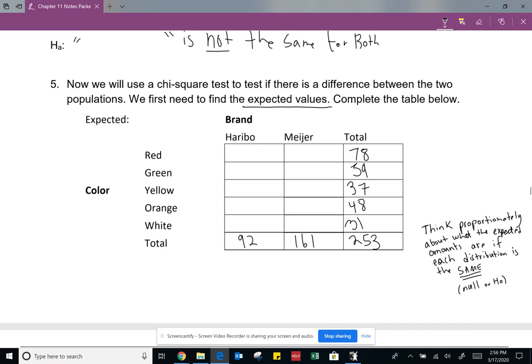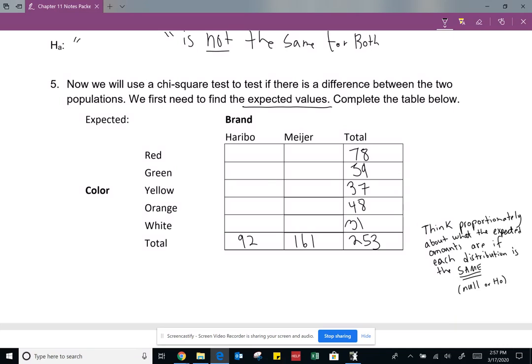Think about it like this: if 20% of Mahir gummy bears are red, then 20% of Haribo should be red, and so the sample would need to be 20% of 92 and 20% of 161. So we want to think about that proportionately.